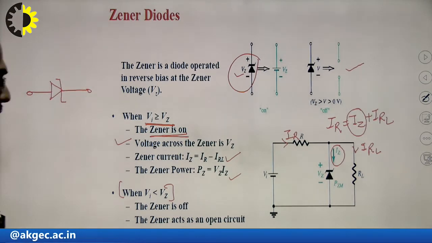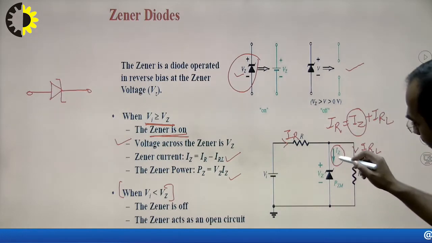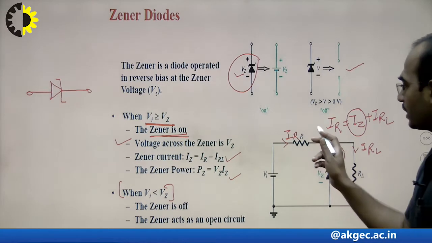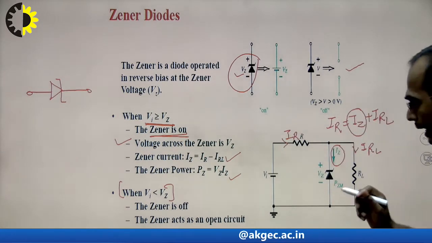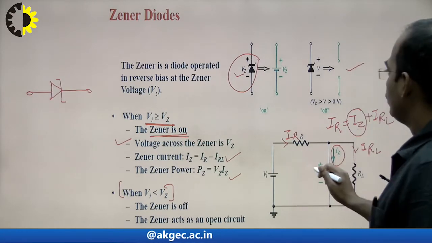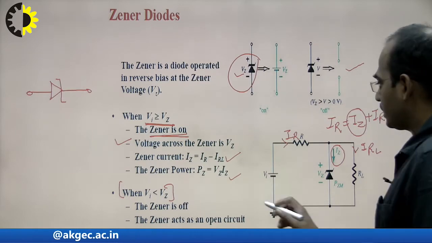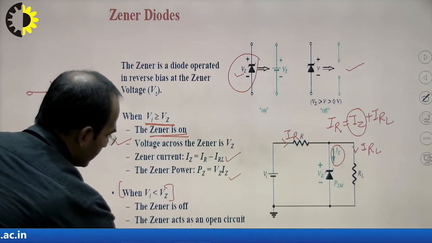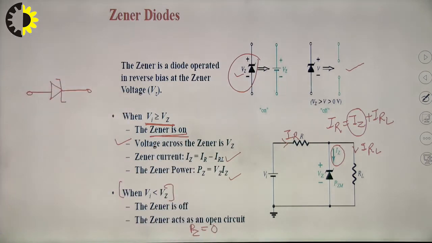Suppose in this circuit the Zener is in the off state, then it will behave as an open circuit, so the current IR will be equal to IRL, and the Zener power in that case will be equal to 0, because Pz is equal to Vz times Iz. In the second condition, Pz is equal to 0.